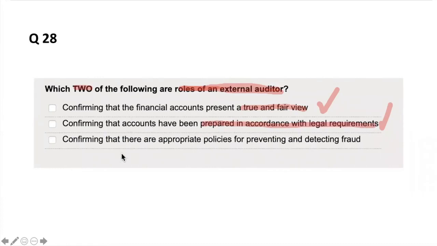Let's see if something makes us go back and reassess things: confirming that there are appropriate policies for preventing and detecting fraud. That is not the job of an external auditor to check if the policies the company is using are good enough to prevent and detect fraud. That would be a consulting project, not an external auditor's role. So that would be something that the company should deal with, not the external auditor.